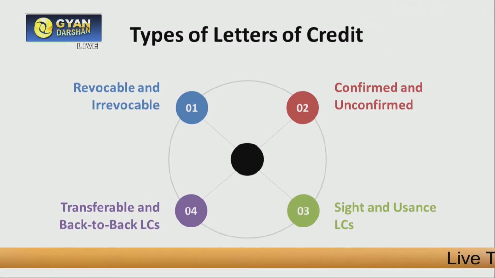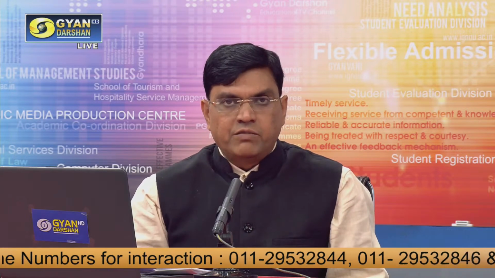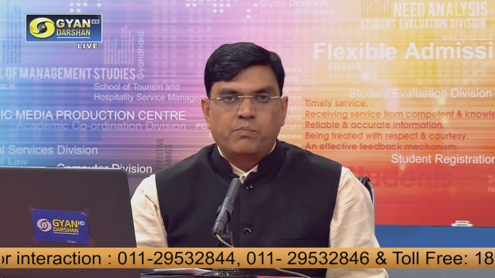Now let us see the fourth kind of letter of credit, that is transferable and back-to-back LC. Transferable LC is an LC where the beneficiary has a right to transfer part or full letter of credit to a third party. It means the LC can be transferred by the beneficiary to any third party.